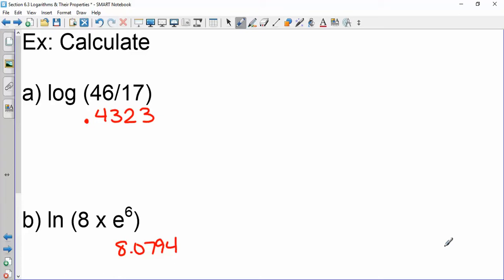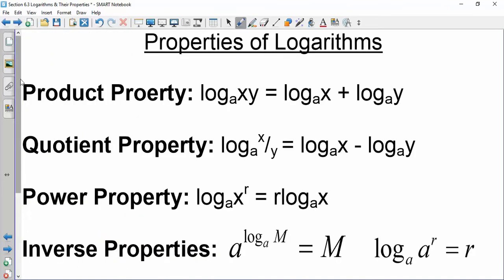The last thing I want to talk about today, I have a slide with some properties of logs. I'm going to have you go ahead and write them all down today. We will be using them tomorrow. I may do an example that uses one of these properties today, but if you would, go ahead and write all of these down and we'll talk more about them tomorrow. So there are 4 properties for our logarithms that we need to know.